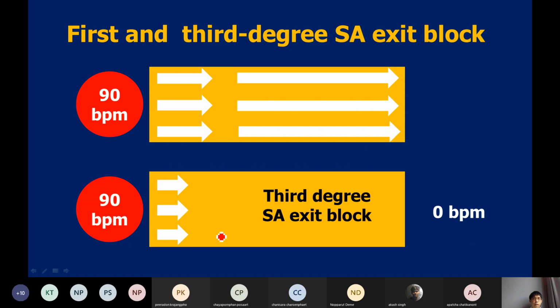The impulse generator and conduction can still exit the perinodal area, but it is delayed. So you cannot see this delay in the ECG. You cannot detect first degree SA exit block by the ECG itself. You have to do a more advanced investigation to see this phenomenon.